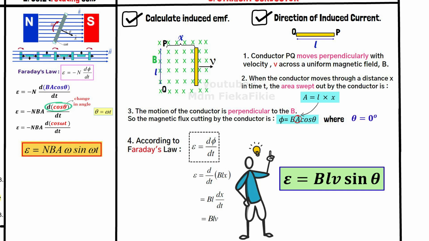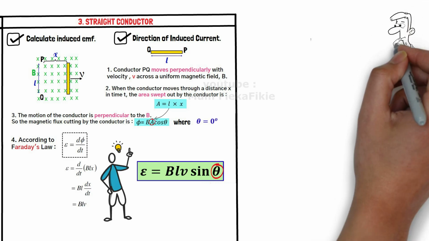Dan jangan lupa ya, angle dekat sini adalah angle between B and V. So, seperti yang kita tengok dekat sini, direction of B is into the page and direction of V is to the right. So, angle between B and V is actually 90 degrees. So, sin 90 dia akan jadi 1.